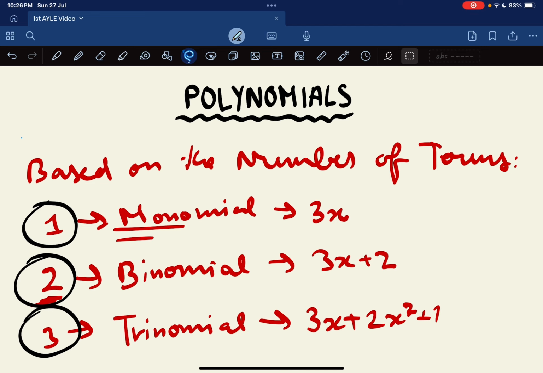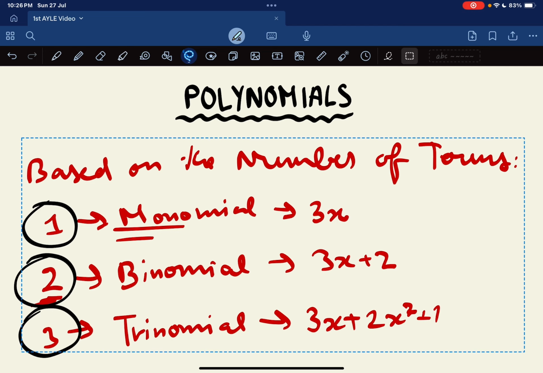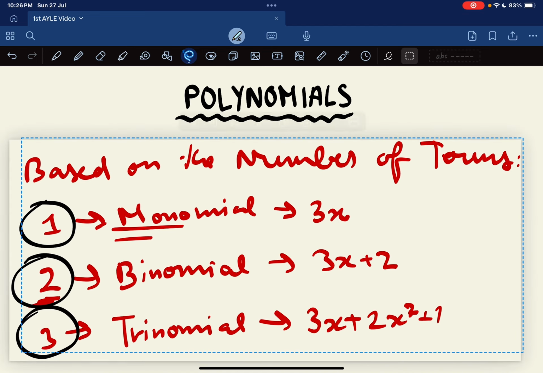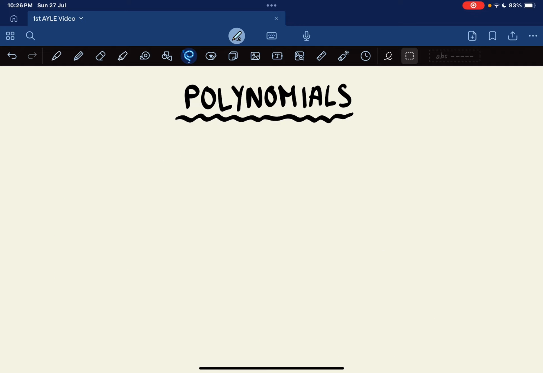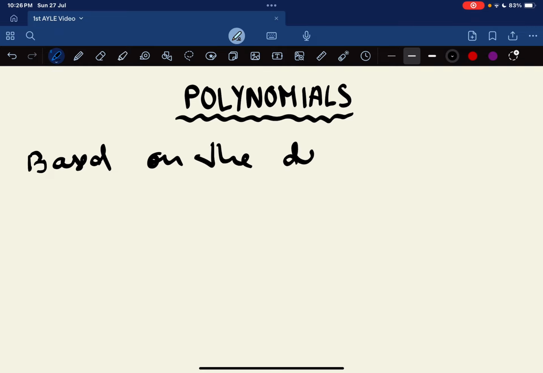Now let's talk about names based on the degree of the polynomial. Before that, let's just look at what a degree is.